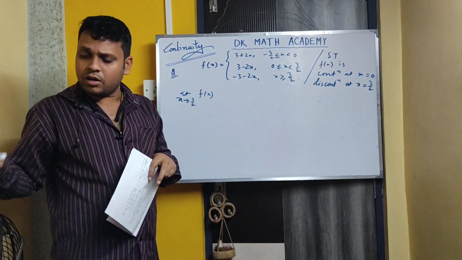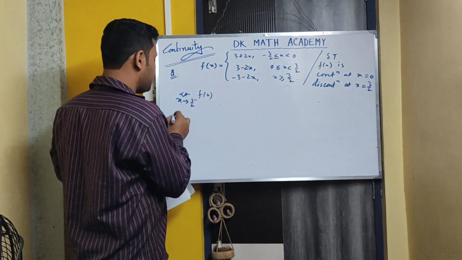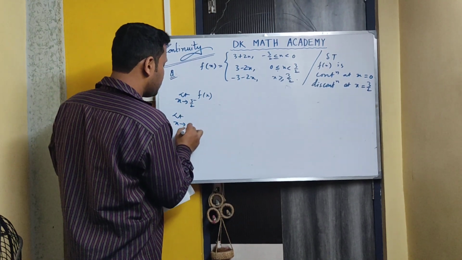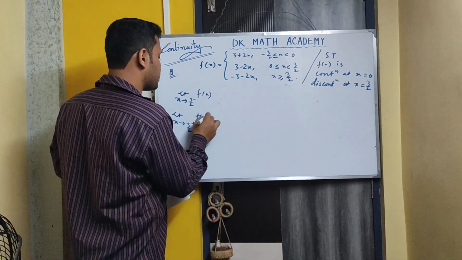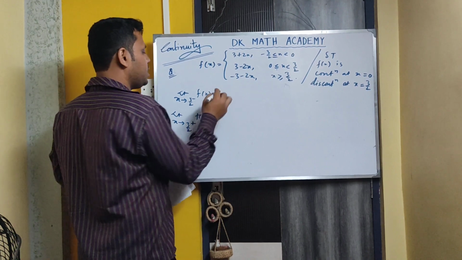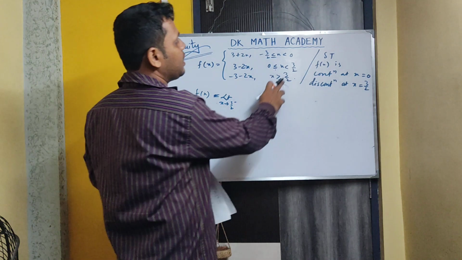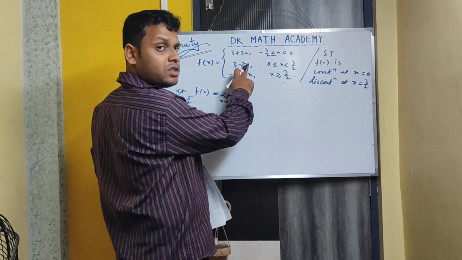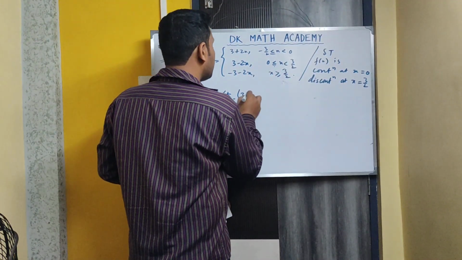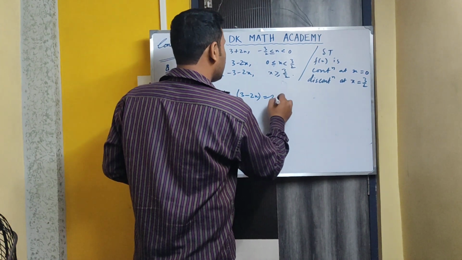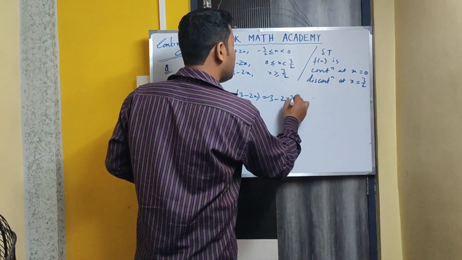For this, at first we will check the left limit and the right limit of f(x). In the left limit, limit x tends to 3 by 2 minus, at the left of 3 by 2, the function means 3 minus 2x. So this is 3 minus 2 into 3 by 2.